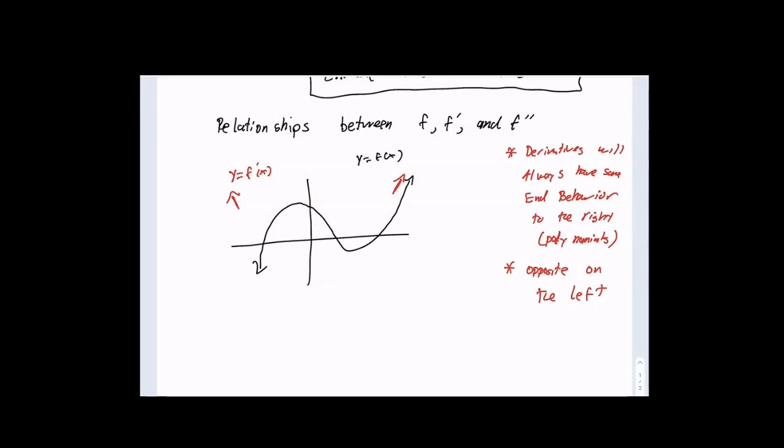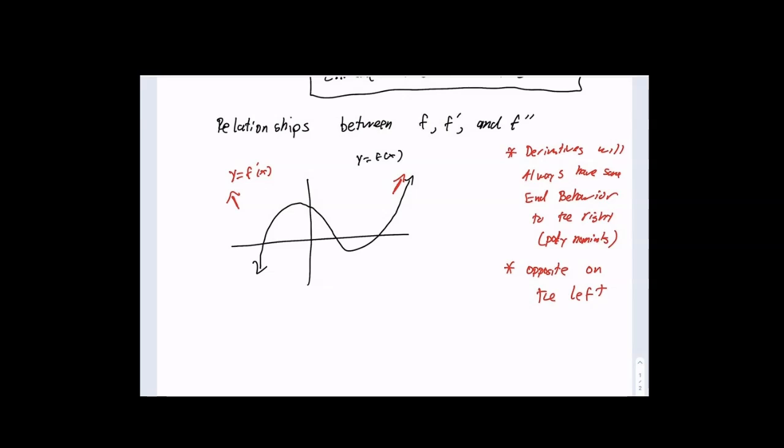Now, this should be able to give you one of the answers. Basically, two of them will be pointing in the same direction on the left-hand side, and one of them will be pointing in the opposite direction. The ones that are pointing in the same direction to the left are not the function and its derivative. It'd be the function and its second derivative.